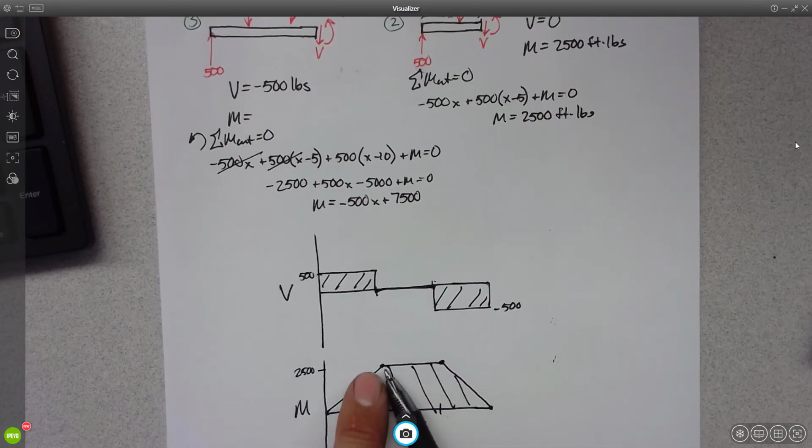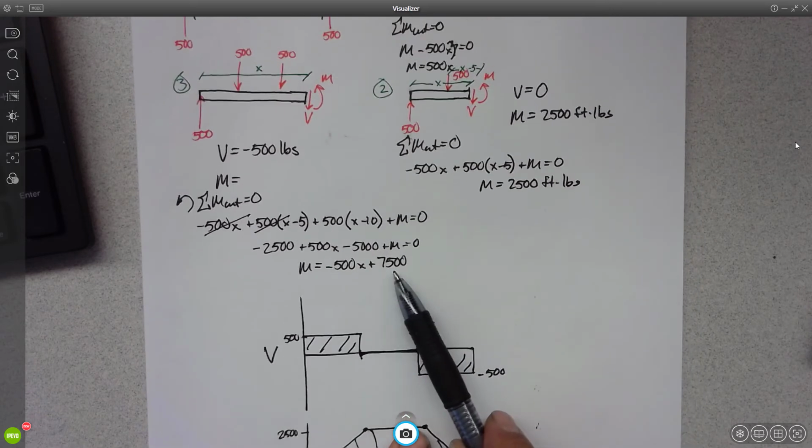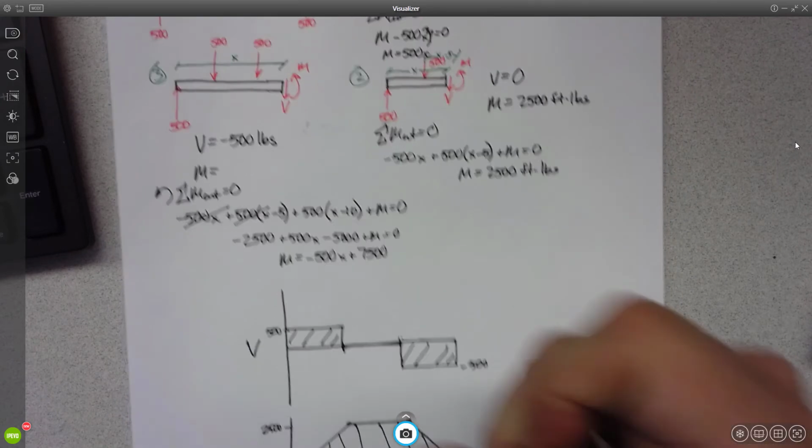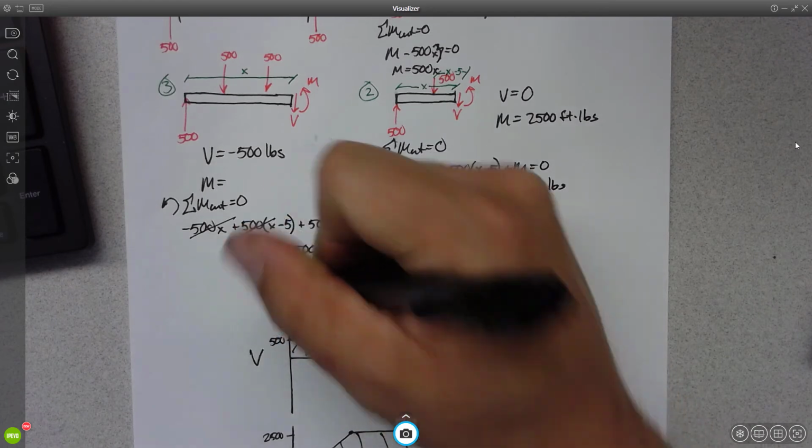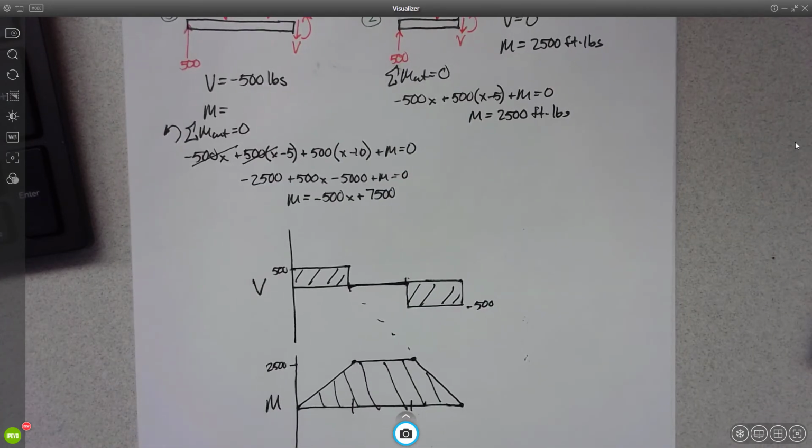So it's just a straight line across at 2,500. Then the 7,500 is just the y-intercept for the line that starts at x equals 10 and goes to x equals 15. Oh, so if the line were to keep going, it would... Yeah, that's telling you that way up here. Okay?